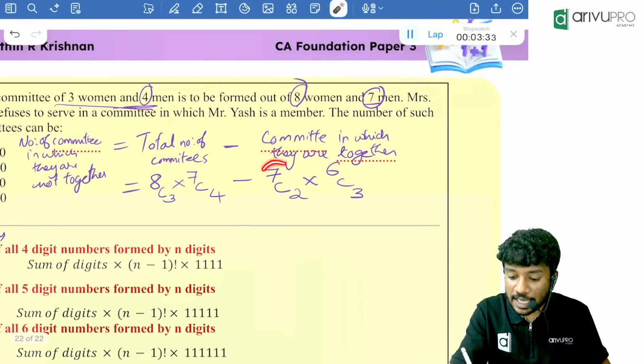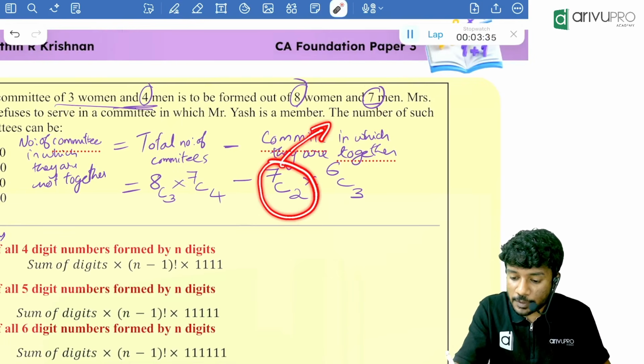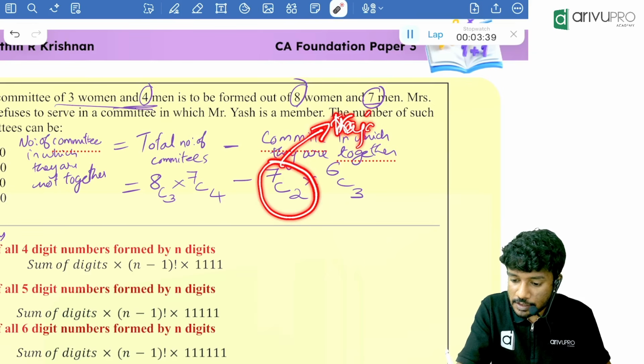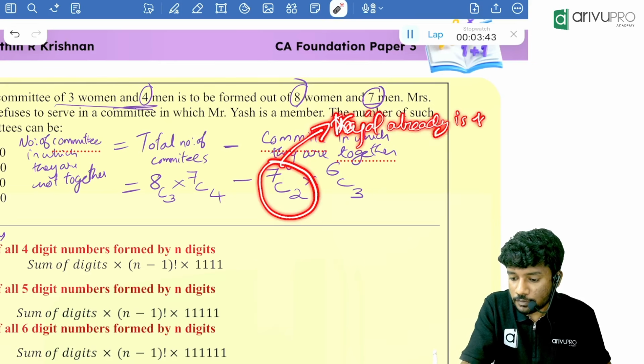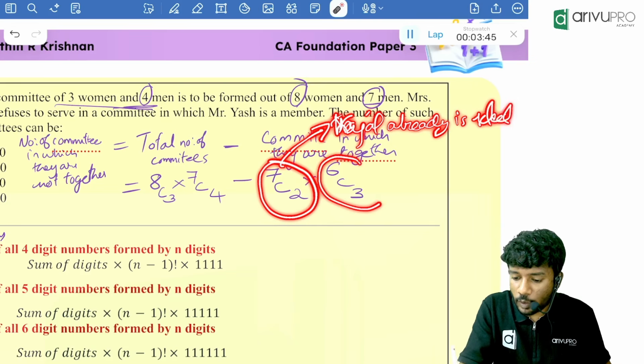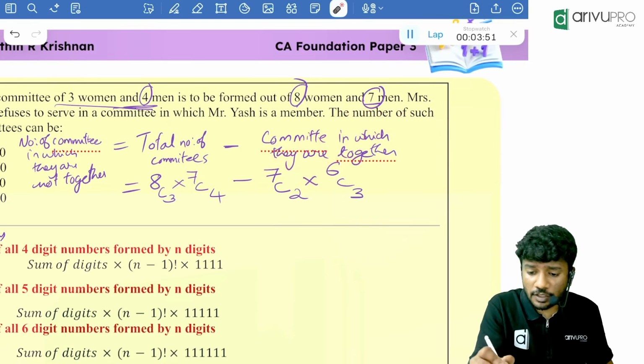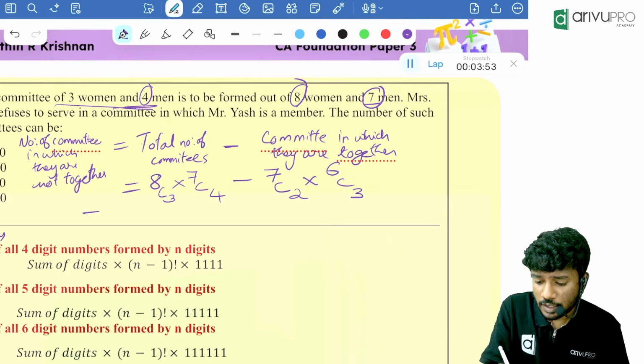Very important. That is the catch. Kajal is already selected, and Yash is already selected, which is why we choose this way. Now just take your math part and get me the answer.